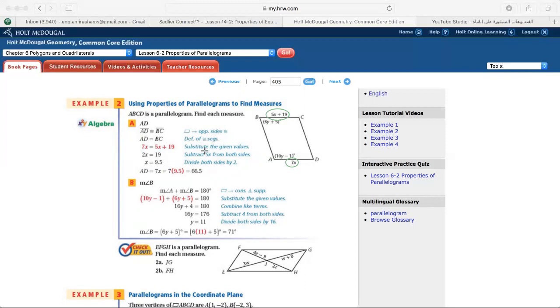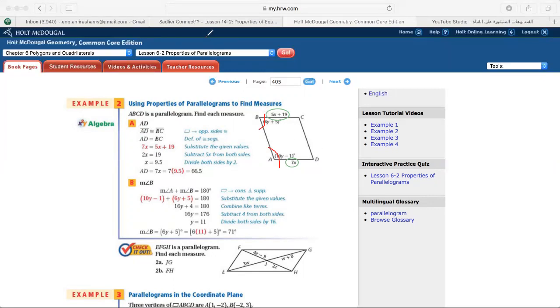Okay, I want to find the measure of angle B. From the properties of the parallelogram, I know that every two consecutive angles are supplementary and equal to 180. You mean that we will substitute 7x and subtract?